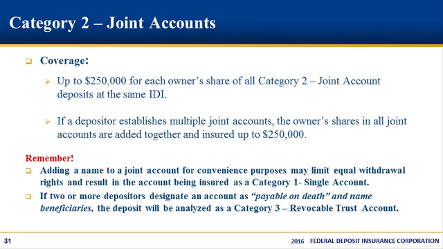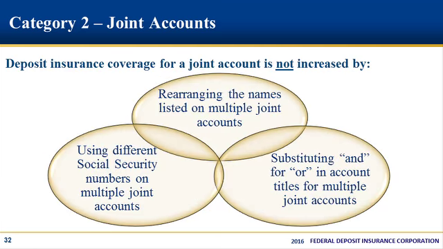Second, if you have 2 or more owners of funds and they designate the accounts as payable on death and name beneficiaries, please remember the accounts will first be analyzed using the rules provided for under Category 3 revocable trust accounts. Next, we will discuss some common misconceptions about Category 2 joint accounts.